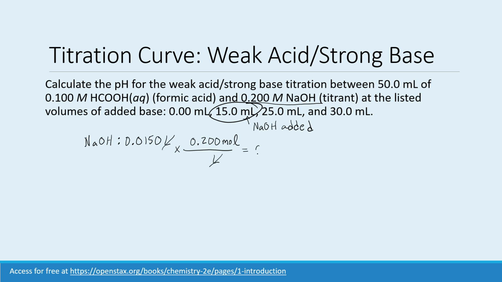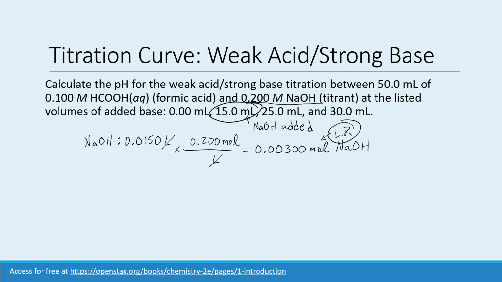Liters cancel, and that will give us 0.00300 moles of sodium hydroxide. And remember, if we are at the pre-equivalence point, then the titrant must be our limiting reactant. Okay, so that's going to be what is the change in our BCA table and what will be used up.